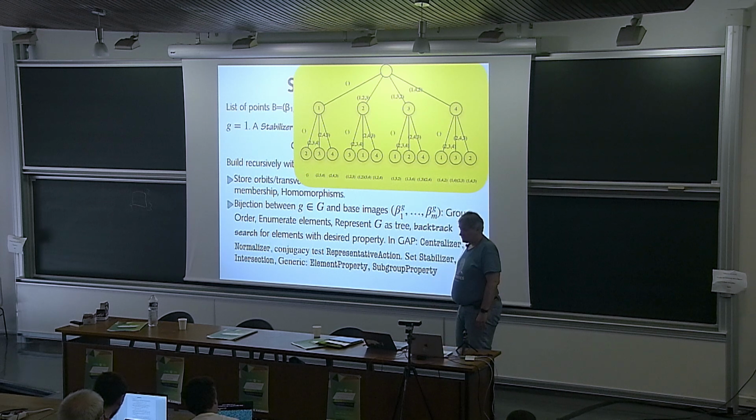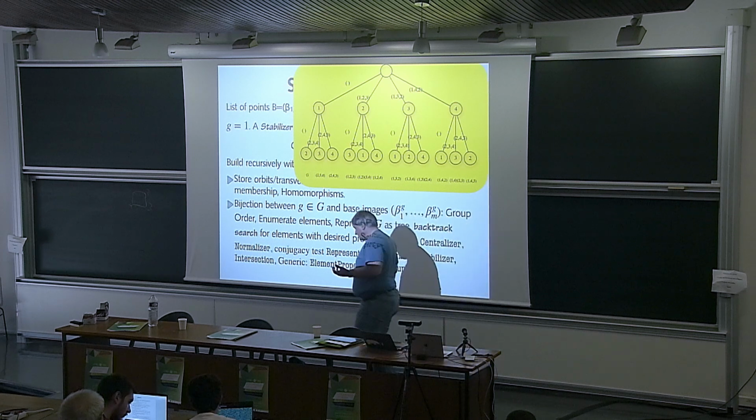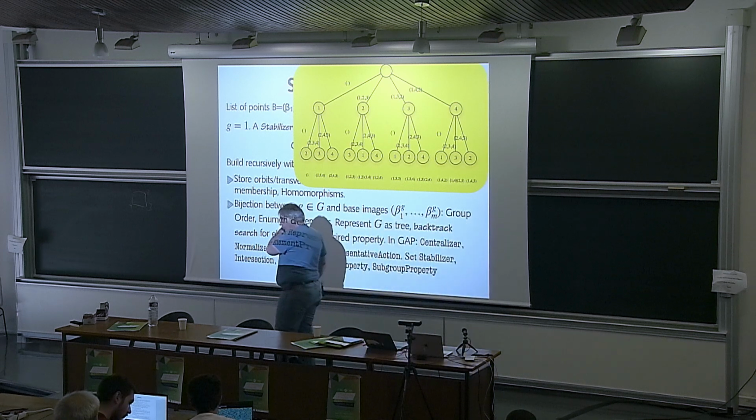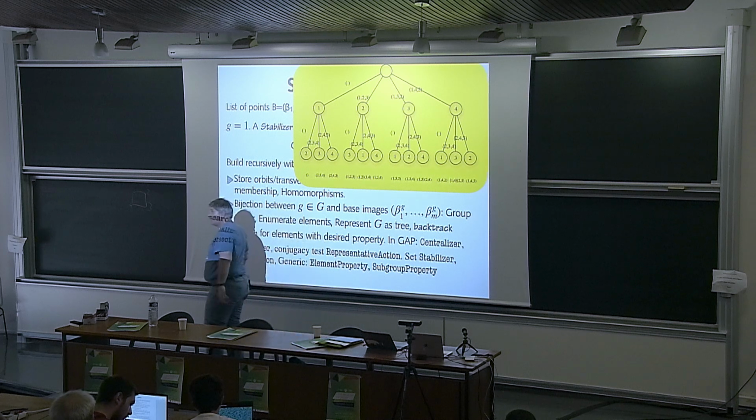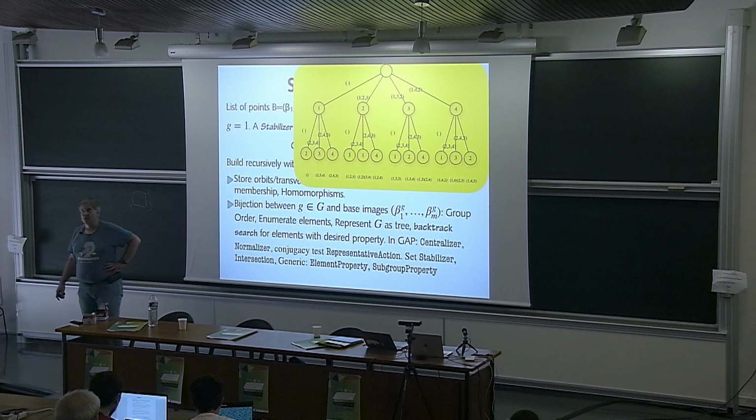So that's stabilizer chain, backtrack. That's basically what happens if you only have permutation groups which are not too big.